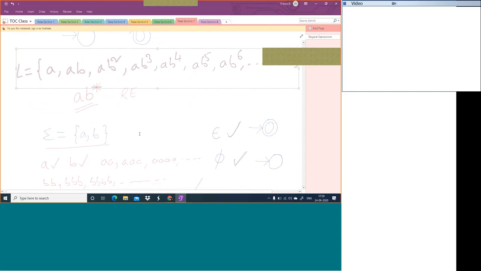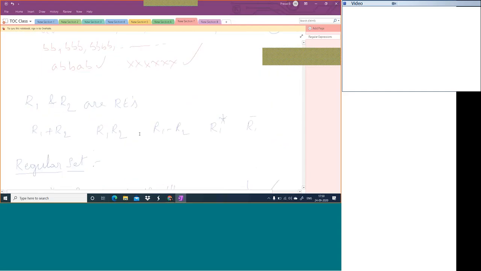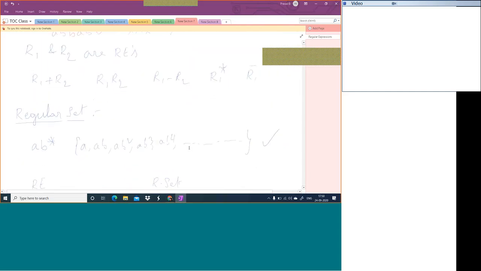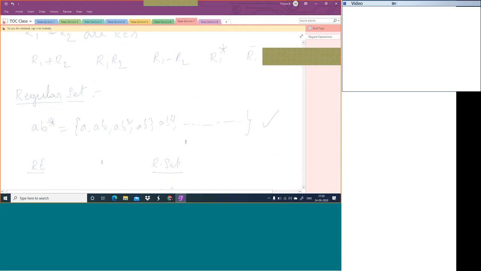So simply, what is a regular set? The set of all strings represented by the regular expression is called a regular set. See, this is AB star. So AB star represents A, AB square, AB cube, so on. So I repeat, the set of all strings represented by the regular expression is called a regular set.